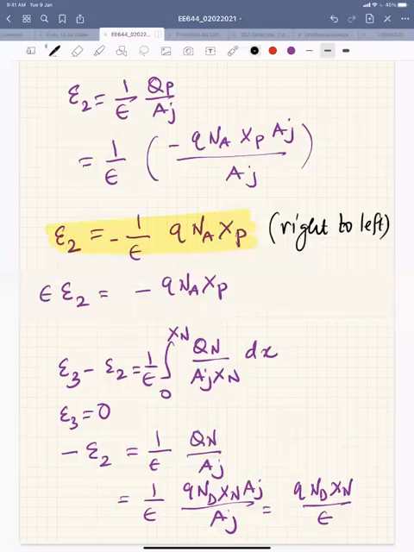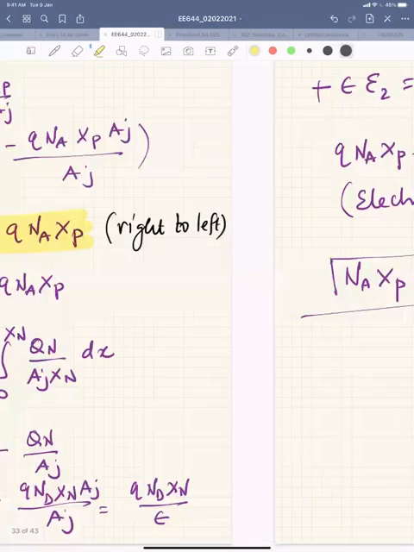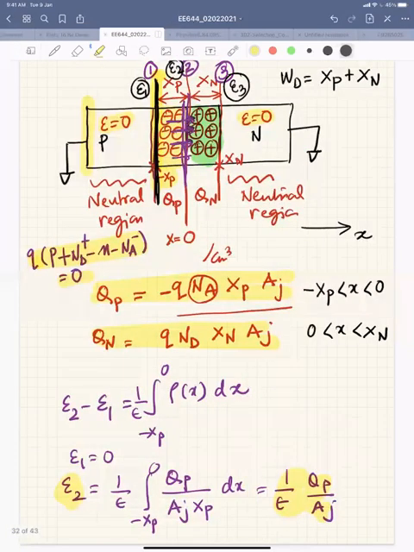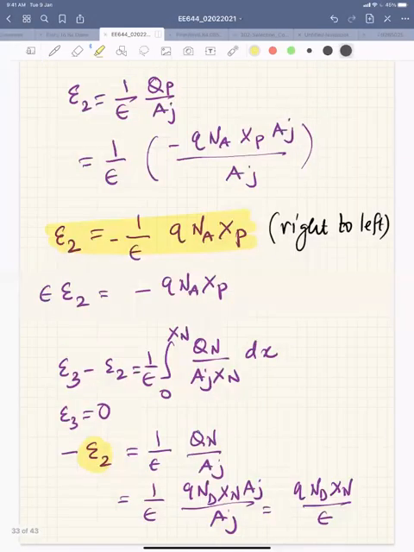Similarly, you could do this math also. You could solve the Gauss law and you will get the electric field E2. Again, if you write the Gauss law on both sides, between 0 and xn, you will see that E3 minus E2 is 1 by epsilon integral 0 to xn of QND dx.